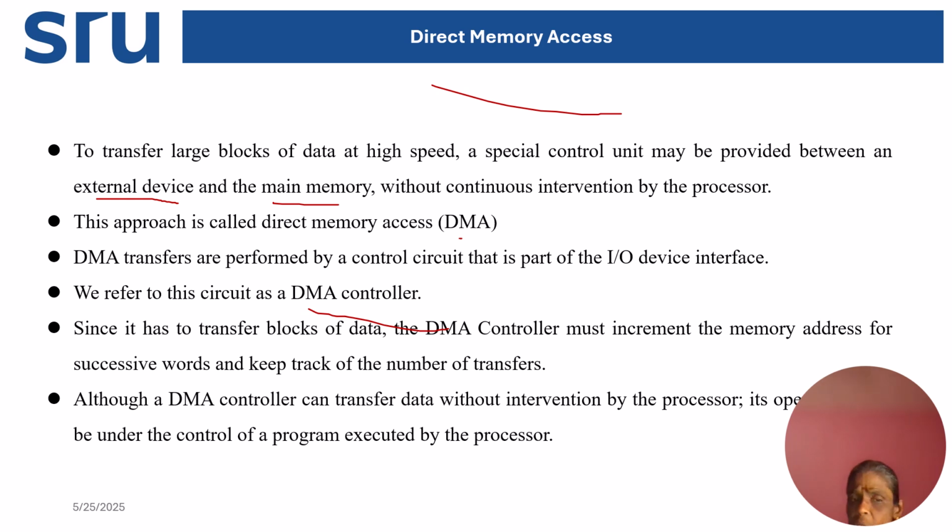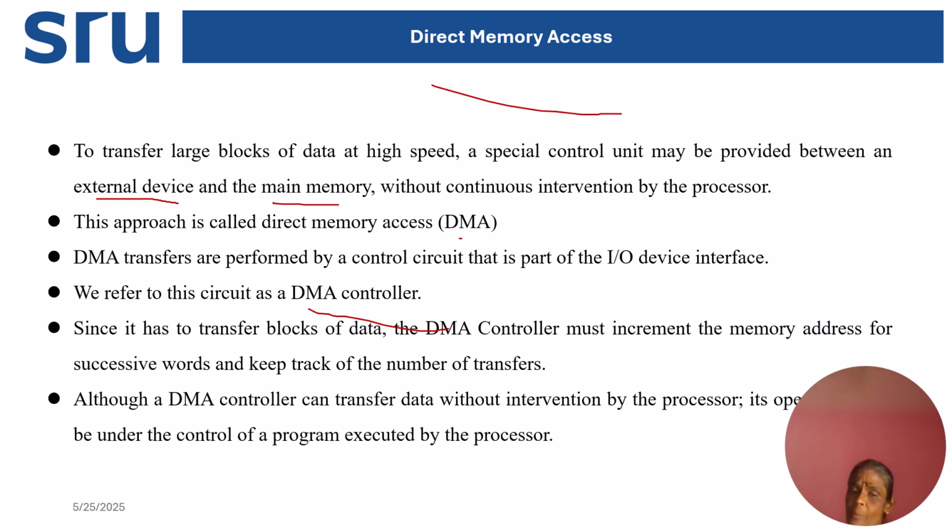Although the DMA controller can transfer data without intervention of the processor, actually the intervention of the processor is minimal. So we cannot say without the intervention of the processor. The processor has to initiate through the DMA controller and come back to its main execution.